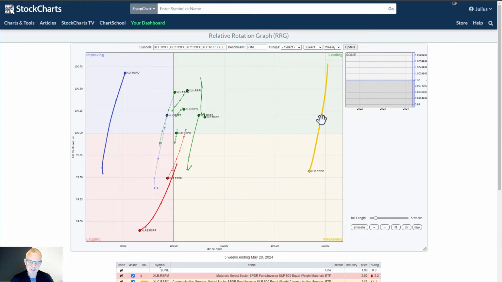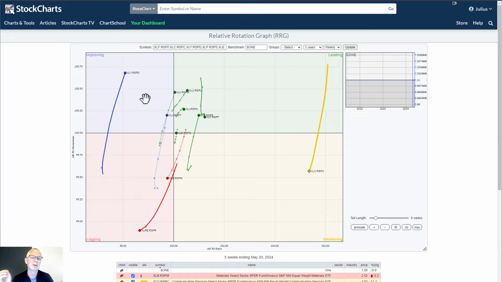So in XLC, I would look at the second or third tier stocks, not the major names. And by the way, in XLC, that is Meta and Google, and especially Google, because Google has basically been driving the sector higher.